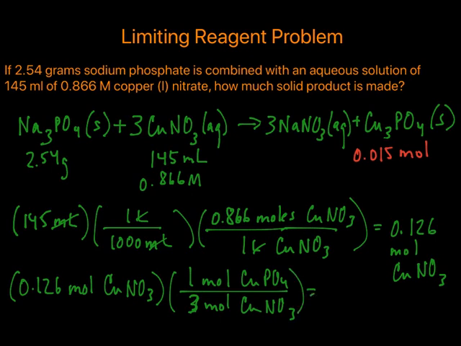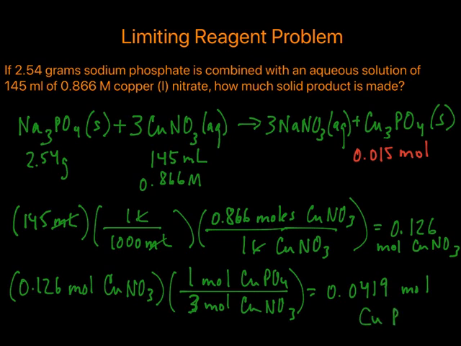So this comes out to be 0.0419 moles of copper phosphate. Okay, so let's take a look at this number right here. And I'm going to write this number in blue here at the top.